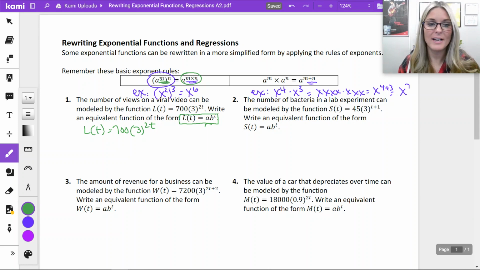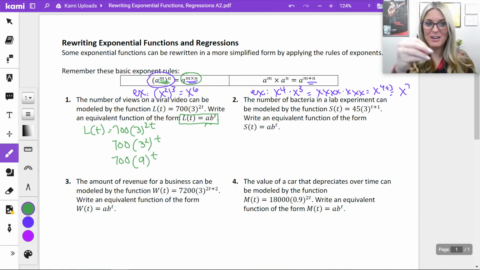Okay, so right now we have 2 and t multiplying on the outside. So let's shift it using that exponent rule. Let's shift that 2 inside, so it's 3 squared raised to the t. Okay, now I know what 3 squared is. That's 700 times 9 raised to the t.